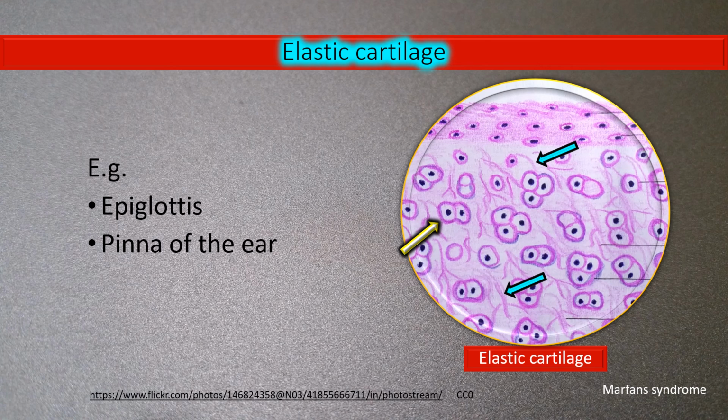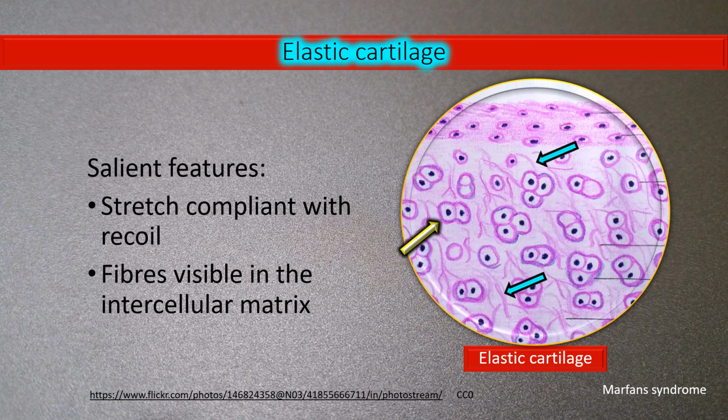I have mentioned these two as the primary features. The fibers are visible, unlike in the case of the hyaline cartilage. These elastic fibers, elastin, are visible in the extracellular matrix. That means the refractive index is such that it stands out from the rest of the ground substance.